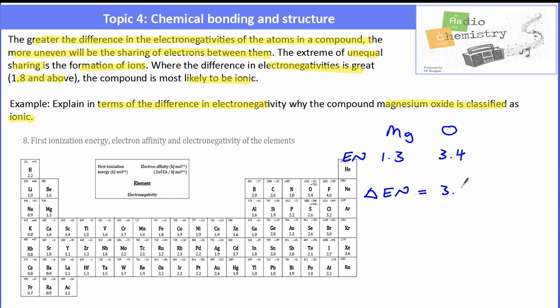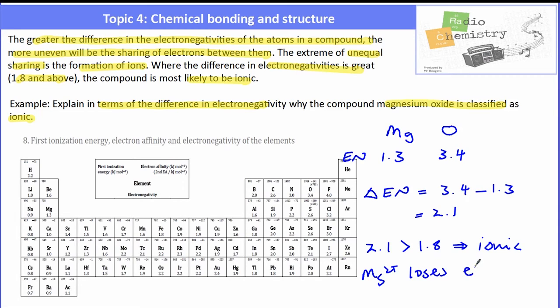So the difference in electronegativity is 2.1. 2.1 is greater than 1.8, so we can say that the type of bonding occurring, by simply looking at the electronegativities, is ionic. And ionic means that magnesium will donate 2 electrons, and the oxygen will gain those 2 electrons. It is complete unequal sharing of the electrons, greater than 1.8 in electronegativity.